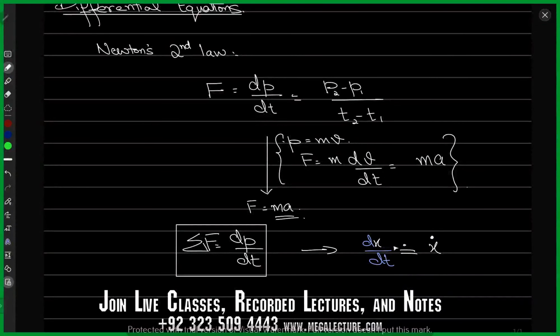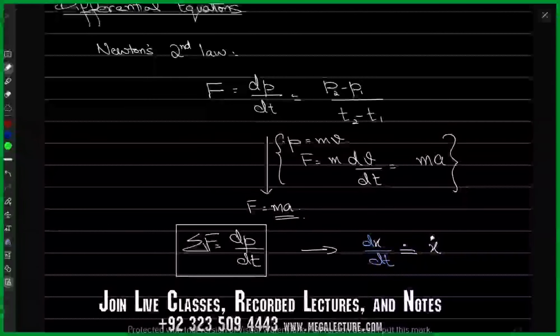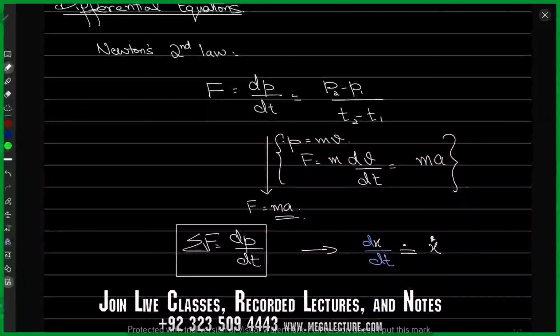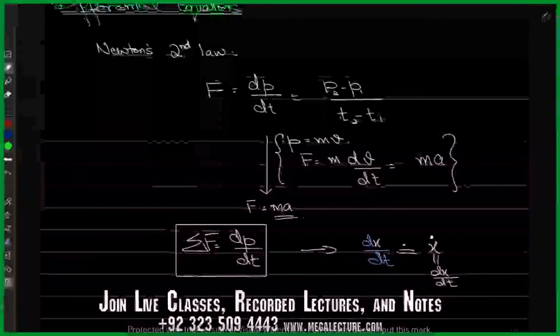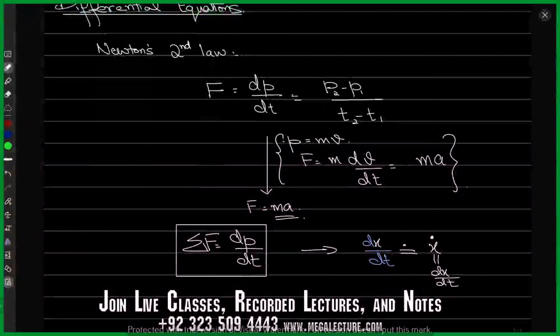Now, I can write the same thing as x with a dot on top of it, which means I'm just writing the time derivative of x, dx over dt. This is just a notation that we use to simplify our writing. If you're confused with that, don't bother. I'll use the entire thing, dx over dt.